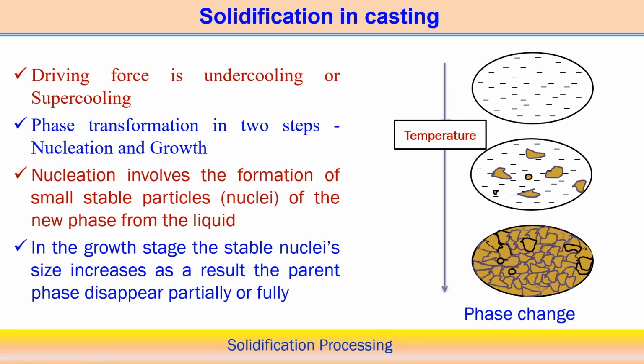Now I come to solidification in the casting process. In general we start with the liquid phase, and within the liquid phase nucleation occurs, and gradually it grows, and finally here is the complete liquid phase, here the liquid plus solid phase, the mixture of that, and then it is completely solid phase.